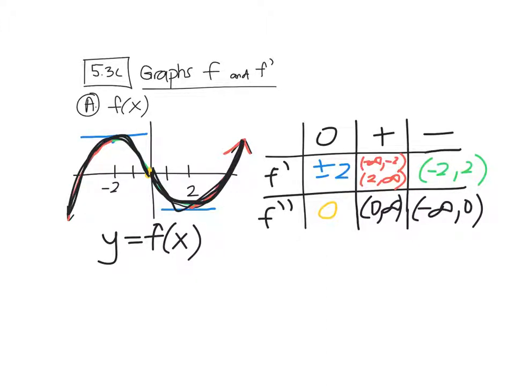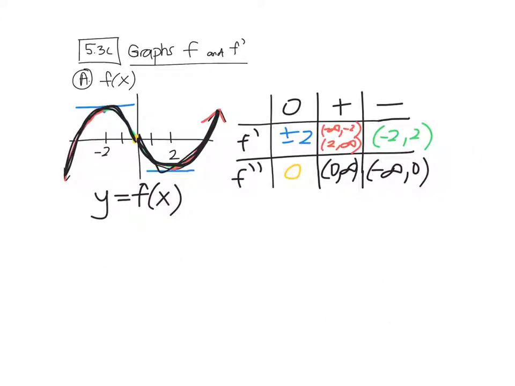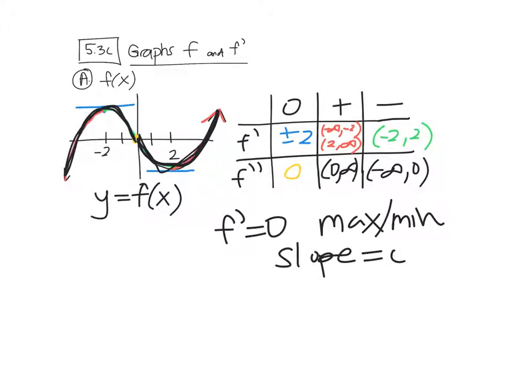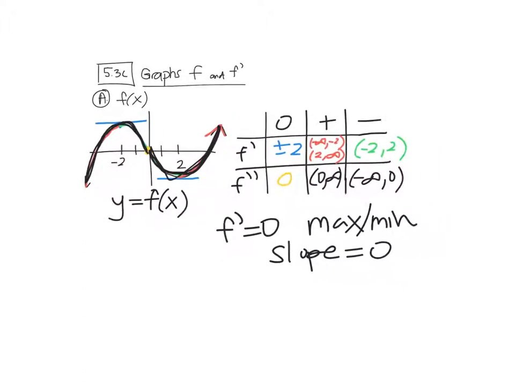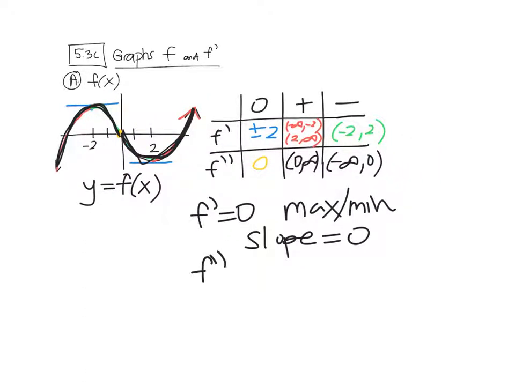Okay? So let's go ahead and remember what all these things are. When you're looking at the graph of f, f prime is equal to 0 at all of the maximums and minimums. It's where the slope of the tangent is 0. F double prime is 0 at an inflection point.